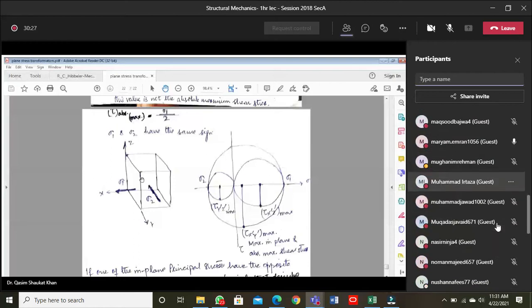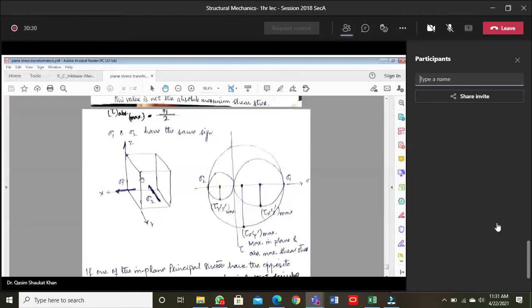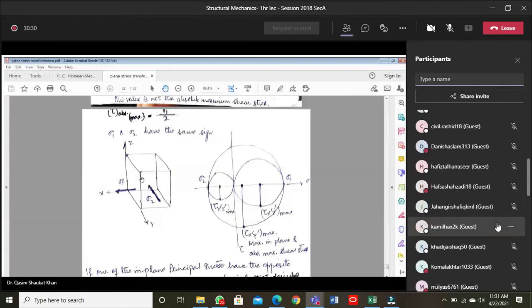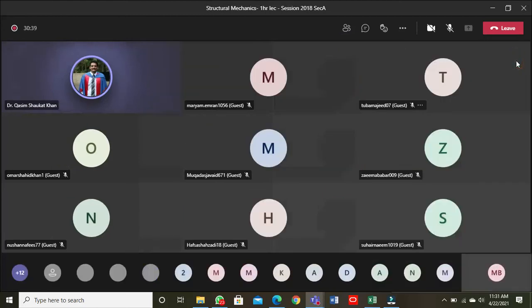Let me draw the figures. We have the time now. I can draw the figures. It will take just a few minutes for me to draw the figure, and it will be further cleared. Okay?